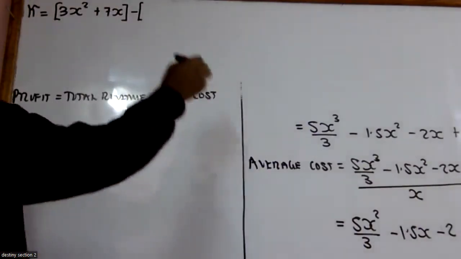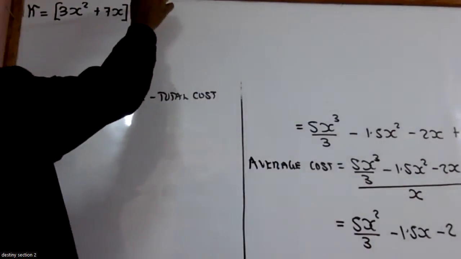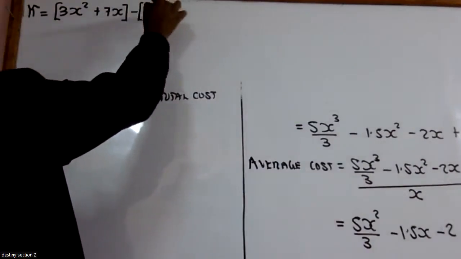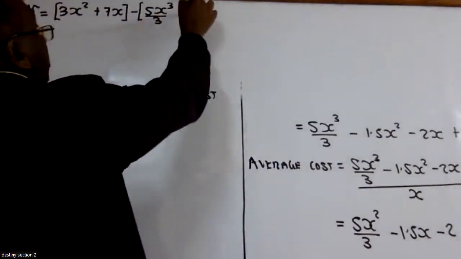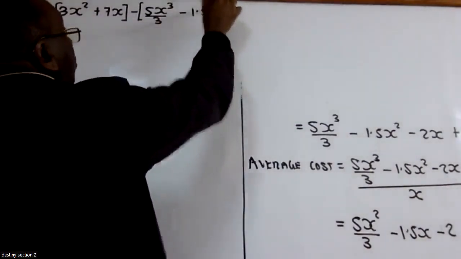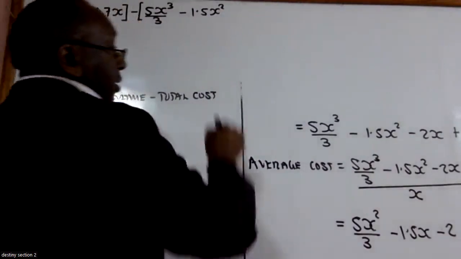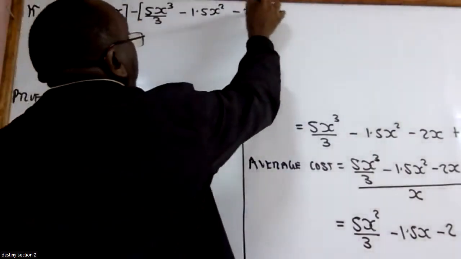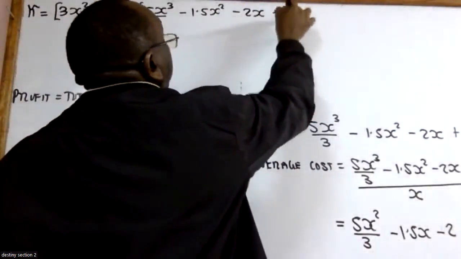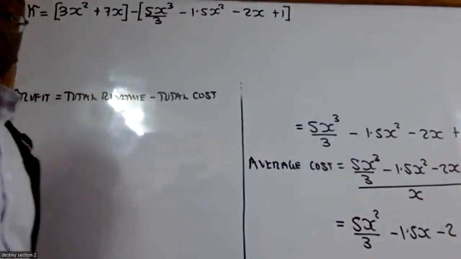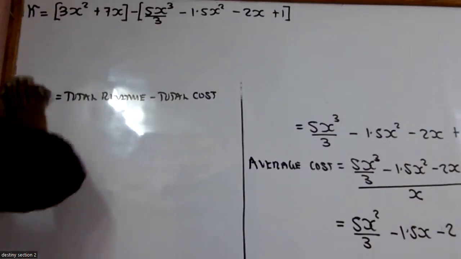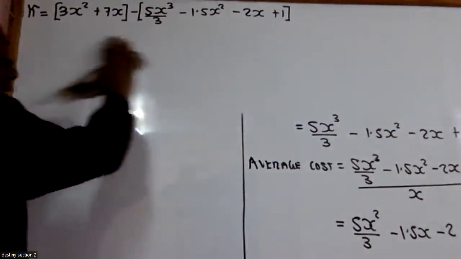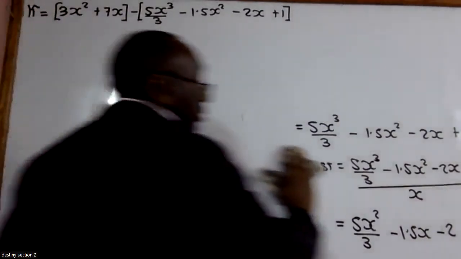The total cost we had said is 5x cubed out of 3 minus 1.5x squared minus 2x plus 1. That is what was our total cost.